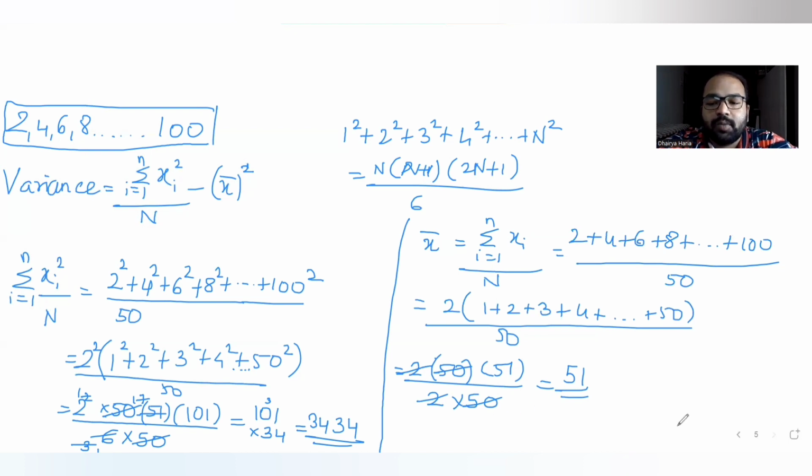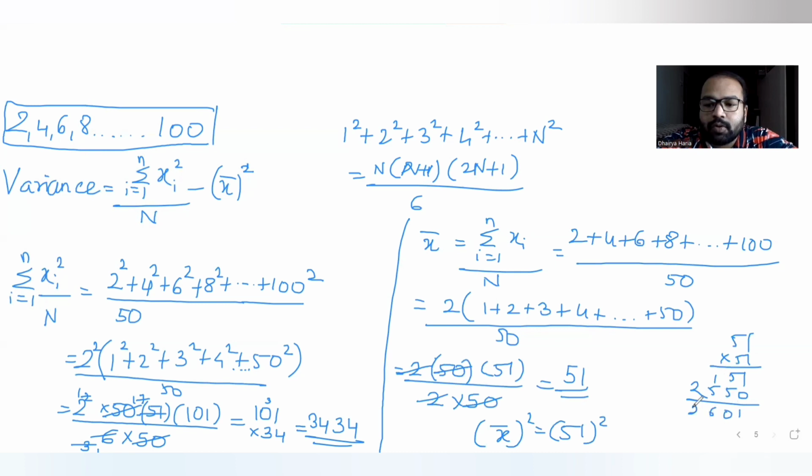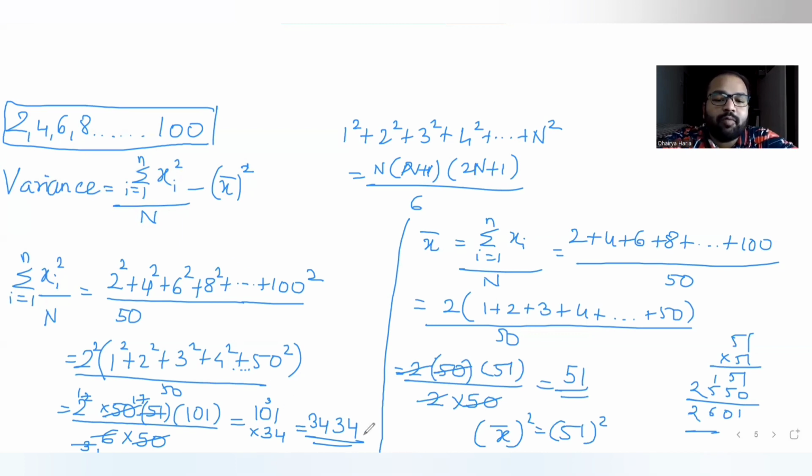So if I just substitute it now, x bar is 51, x bar square becomes 51 square. And 51 square, if I find it out, 51 times 51, that is 2601. So if I put it in the value, I get the variance there. The variance is nothing but the subtraction of both of these.